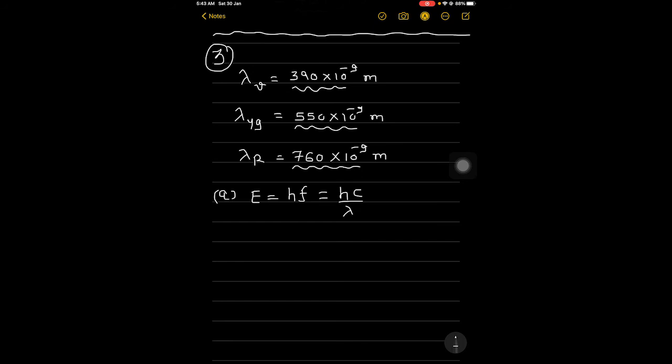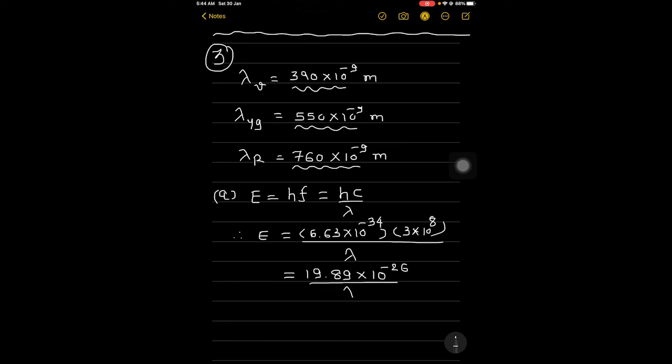We can say E equals 6.63 into 10 to the power minus 34, times c, that is 3 into 10 raised to 8, upon lambda, that is to be found for the different colors. So this will be 19.89 into 10 raised to minus 26 over lambda. This will be our basic equation.